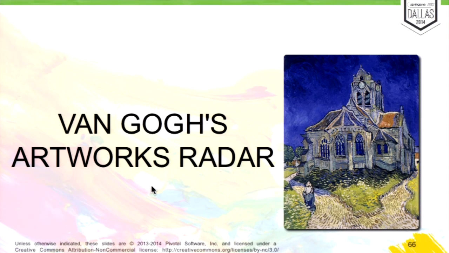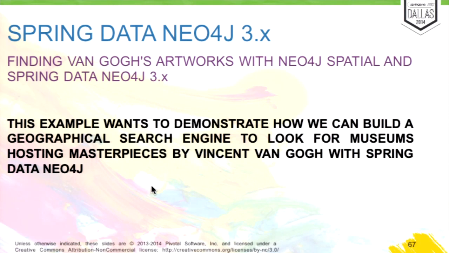I decided with Michael to test and move this live demo to Cloud Foundry, which seems quite cool. The example demonstrates how we can build a geographical search engine to look for museums hosting masterpieces by Vincent Van Gogh.